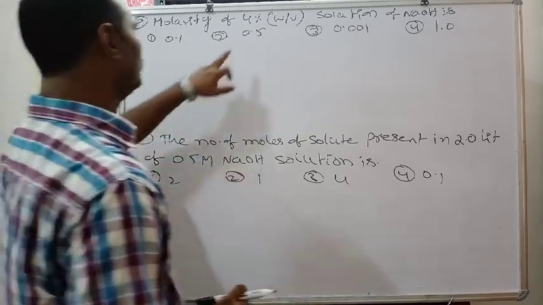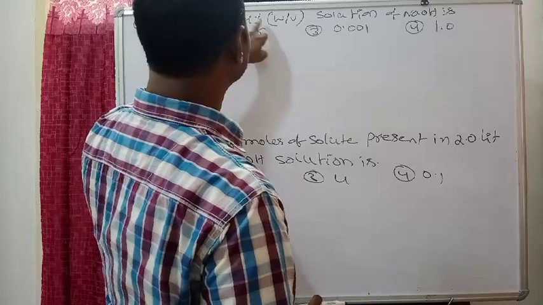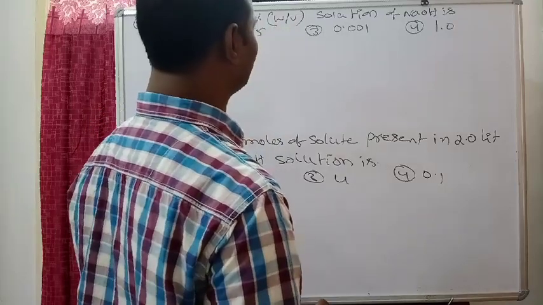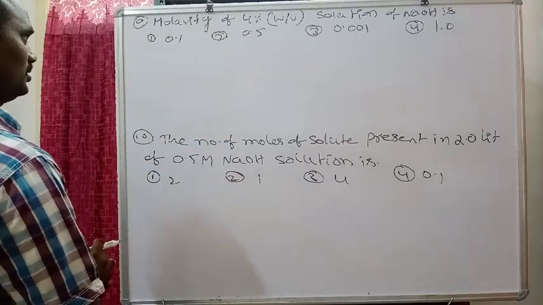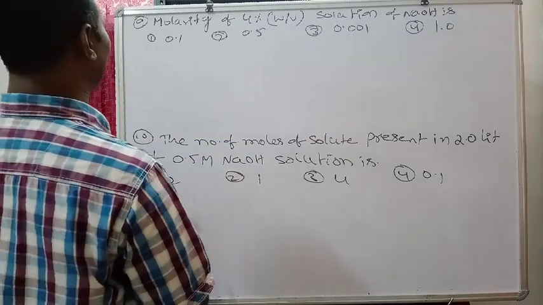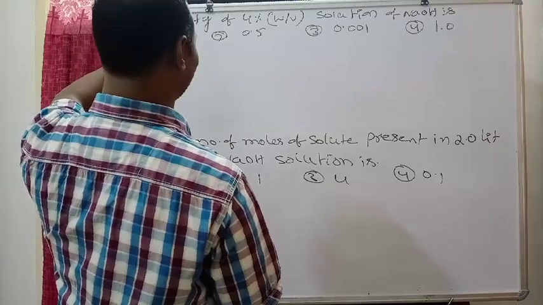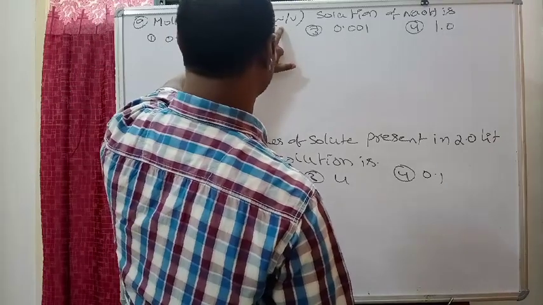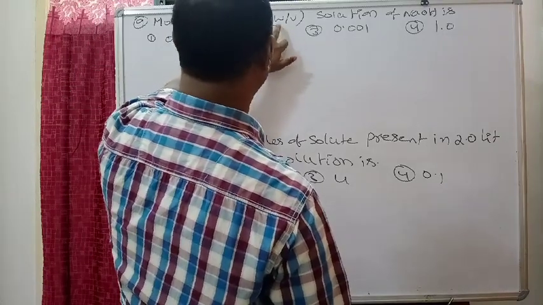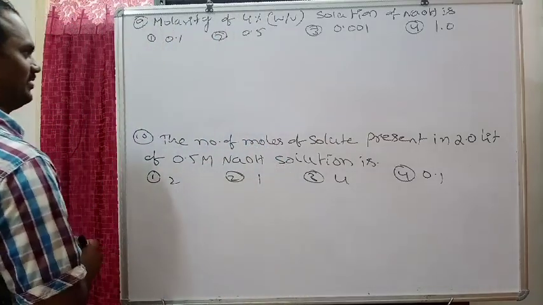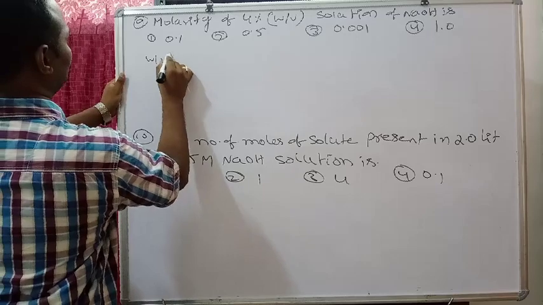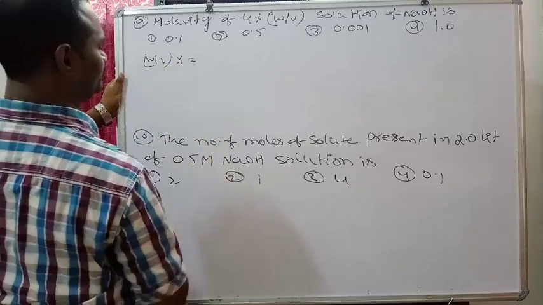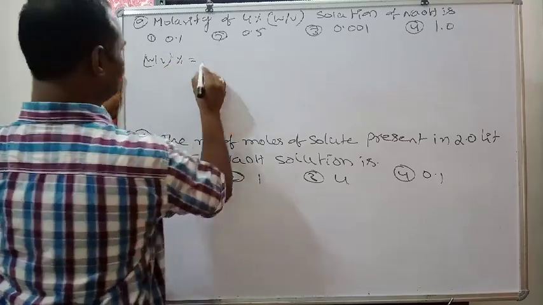Molarity of 4 mass by volume percent solution of NaOH is... Sir, molarity is asked, but mass percentage is not given. Here mass by volume percentage is given. Carefully see, mass by volume percentage formula, what is it?